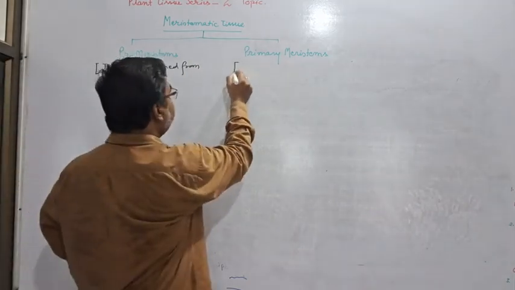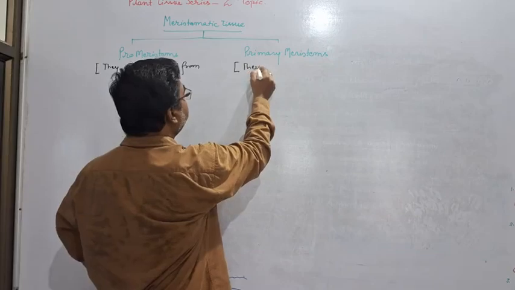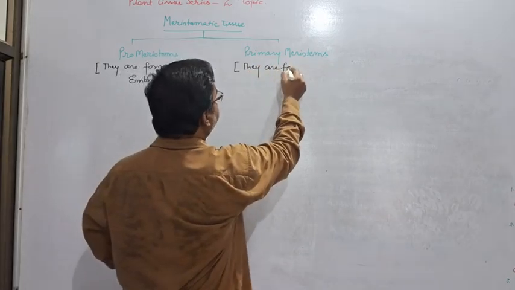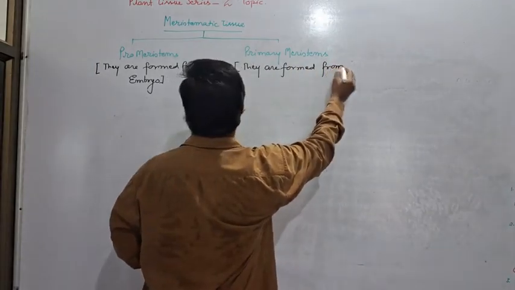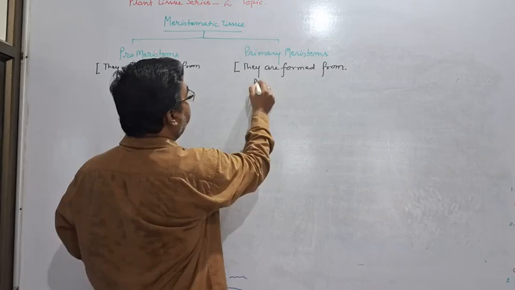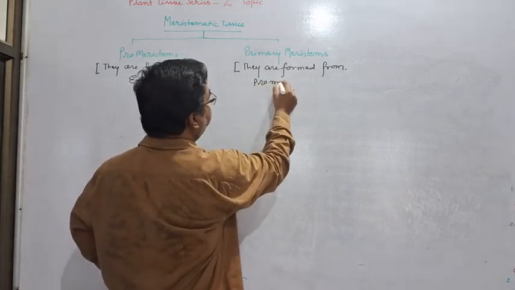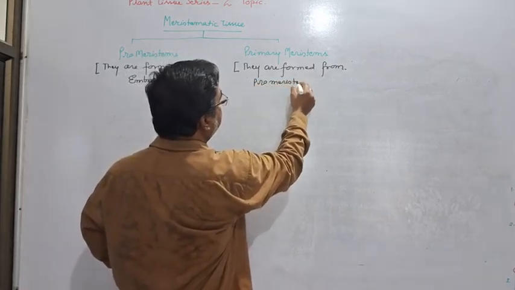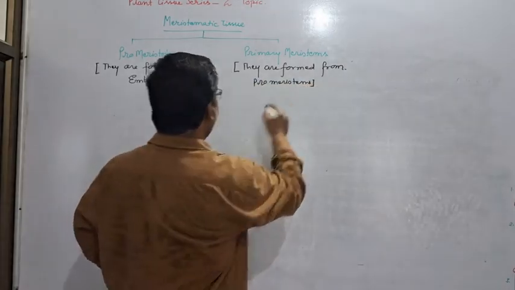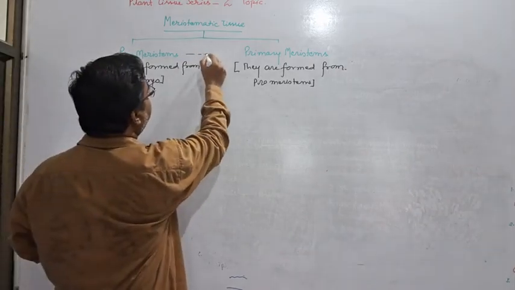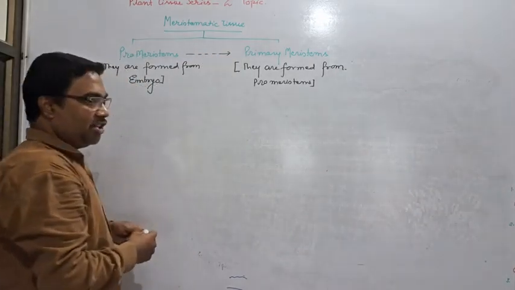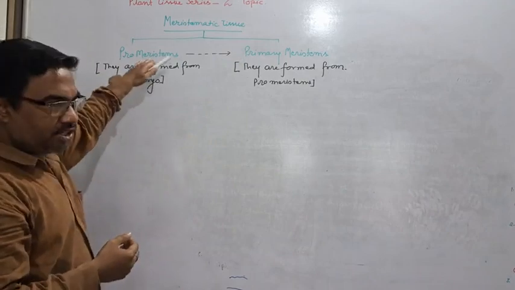And primary meristems are formed from promeristems. So you can learn here that this is actually the latter stage of life. Initially, the embryo will form promeristem.